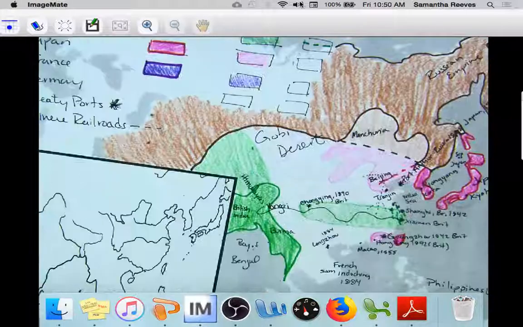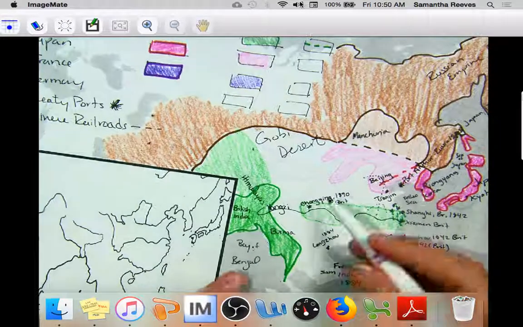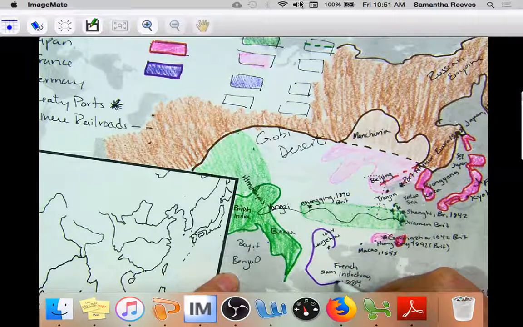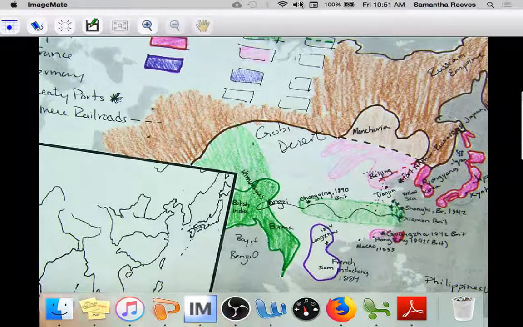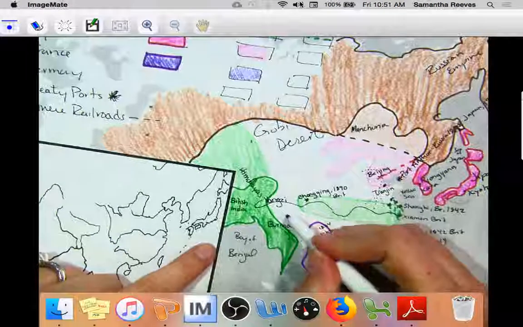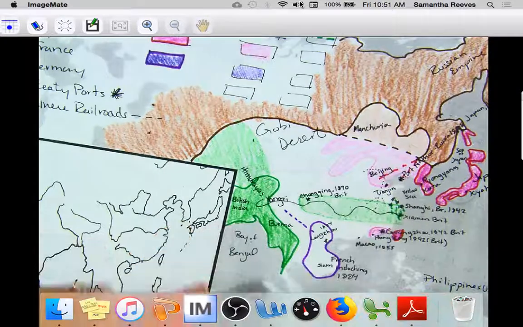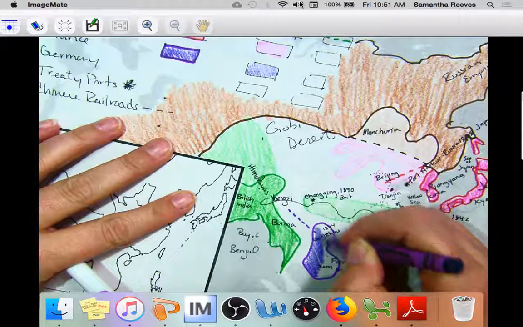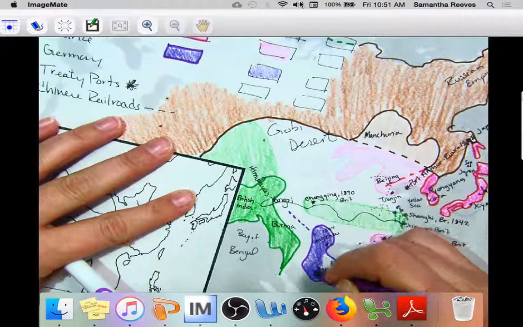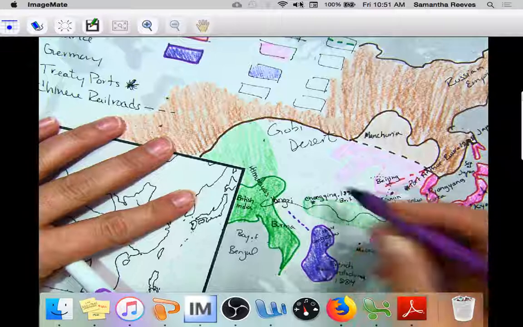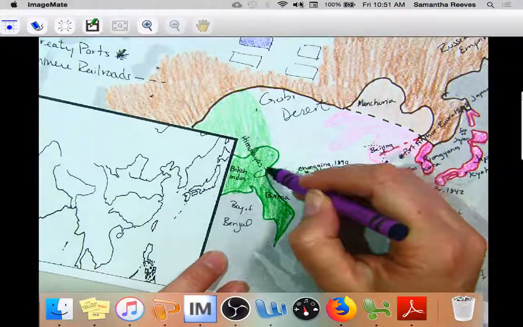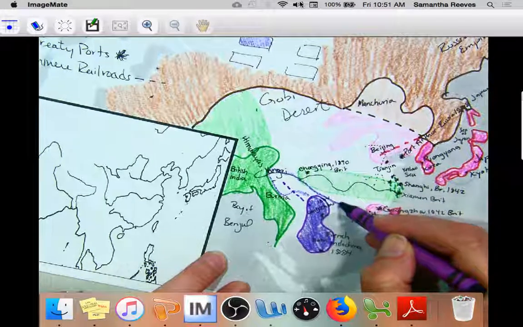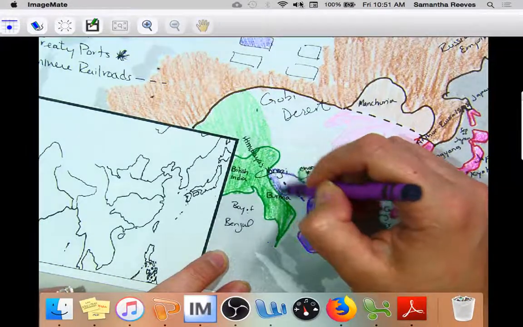Alright, so your dark purple is over here. That one is just going to draw on my railroads because I have my marker in my hand. There are your colony, and here is your sphere of influence.